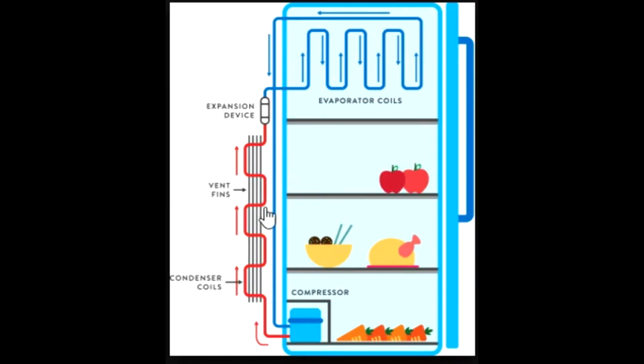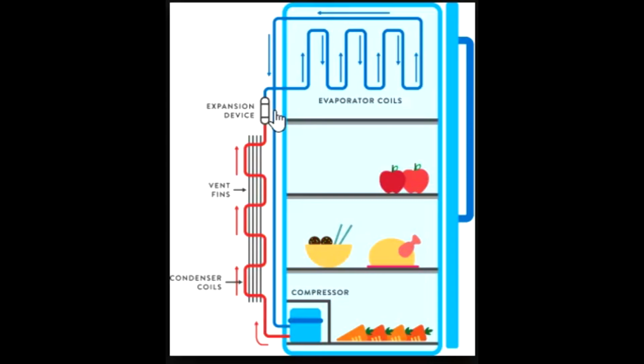It's all the thermal energy from the coolant being released. So just to reiterate, these vent fins increase the surface area, allowing the thermal energy to escape into the air. So now it went from a hot gas, loses all of its thermal energy, and then it turns into a cold gas around here.